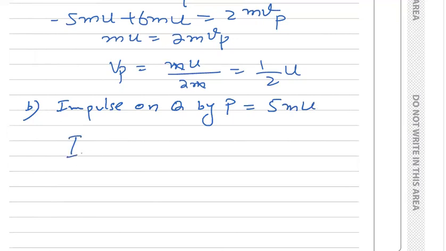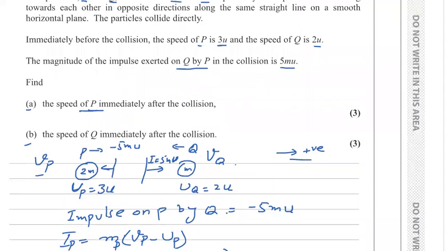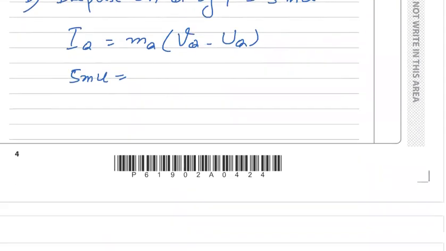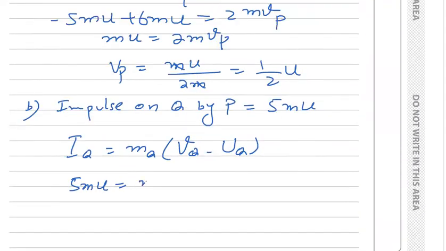So IQ will be equal to the mass of Q into final velocity of Q minus initial velocity of Q. IQ is 5mu, the mass of Q is given to us, it is m, into the velocity of Q after collision that we have to find, minus uq.